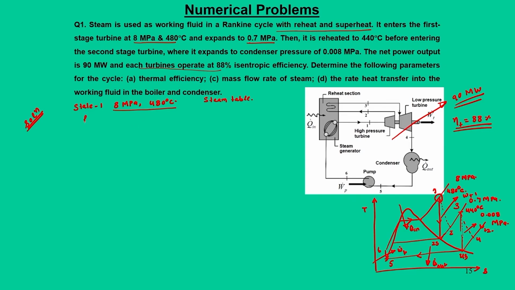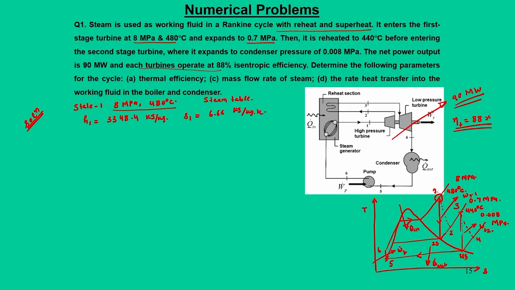We have H1 is 3348.4 kilojoule per kg, and we also require the entropy value S1, that is 6.66 kilojoule per kg Kelvin.